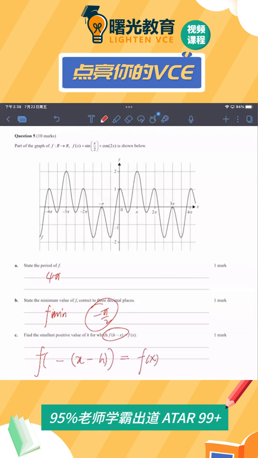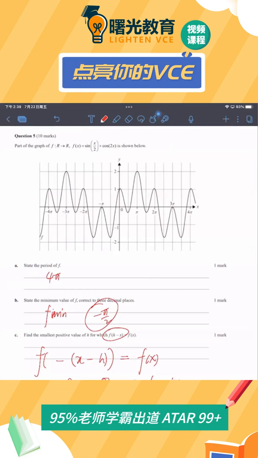So obviously, we would find that the first one, we're doing a reflection in the y-axis. And second, we're moving right by h units. Luckily, the question gave us h is a positive number. So minus h, we're moving right by h units.